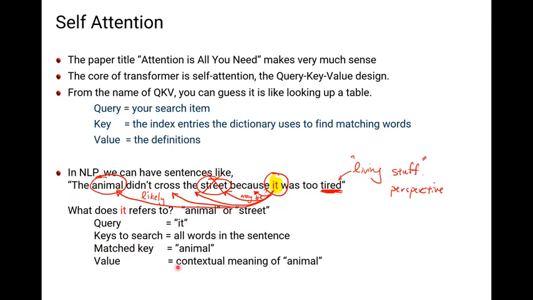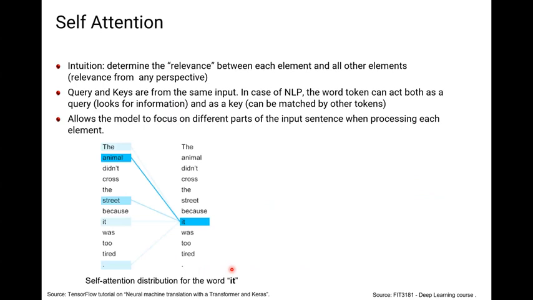So what is the value? The value is not just the dictionary meaning of animal. It's actually the contextual meaning, because it is something that lives, something that can get tired, something like this. So in this linguistic example, you see why it can be applied.